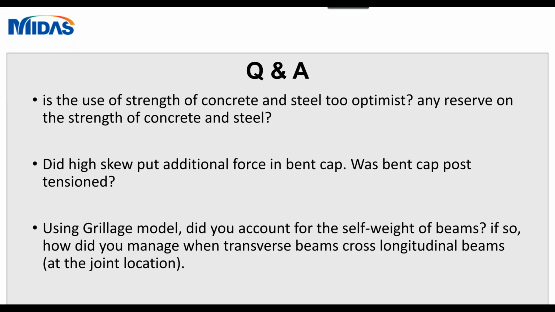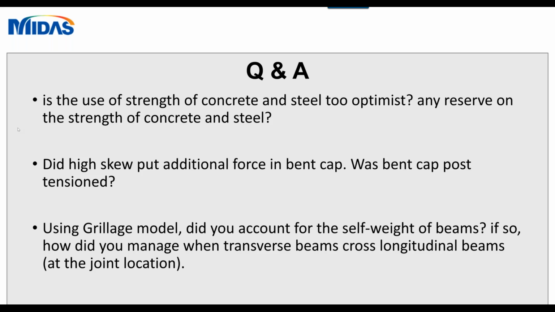Okay, so those elements that represent the slab that are perpendicular to the beams, those don't have weight. The weight is zero because all the weight is considered in the beams.